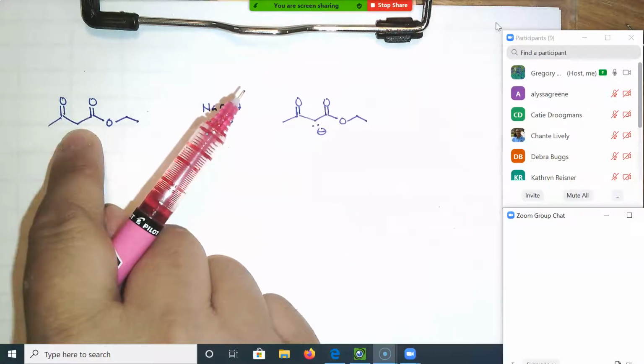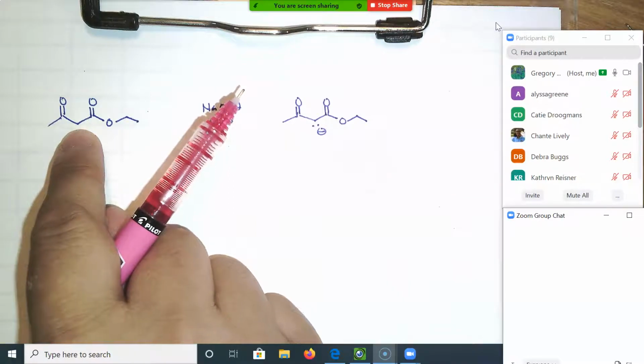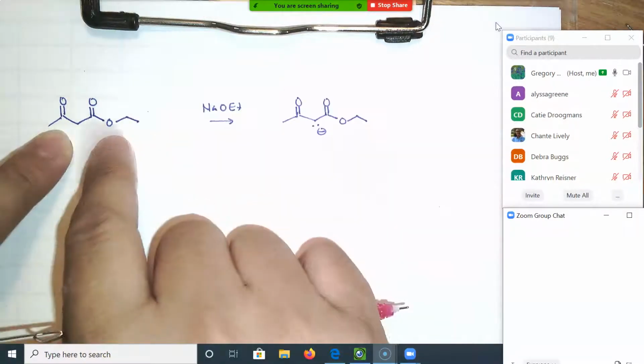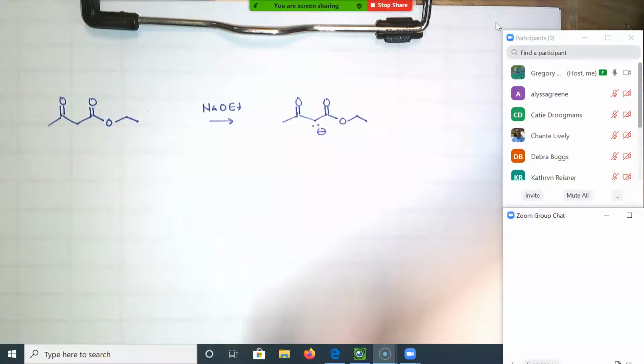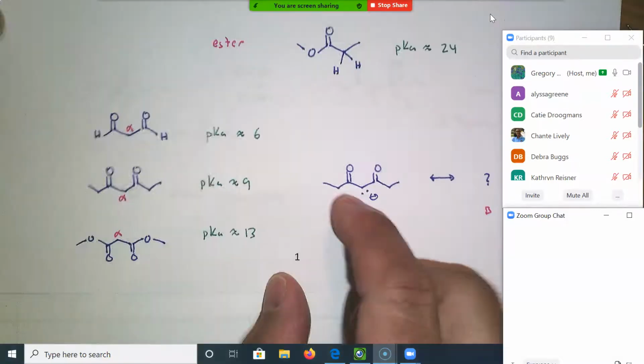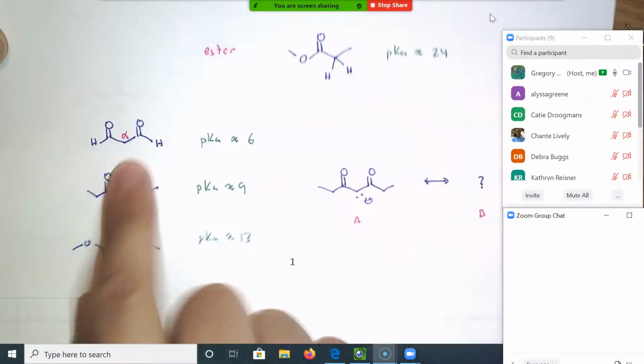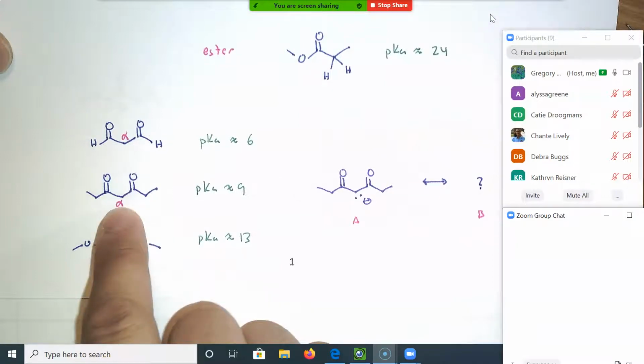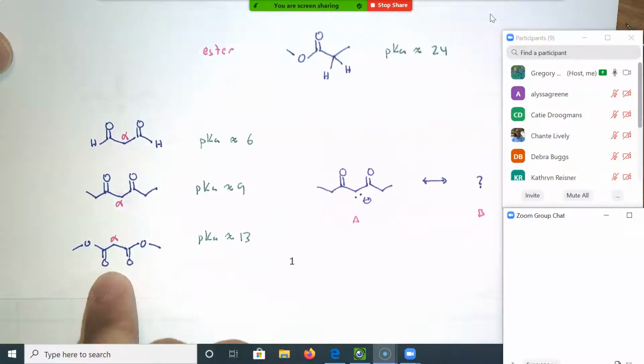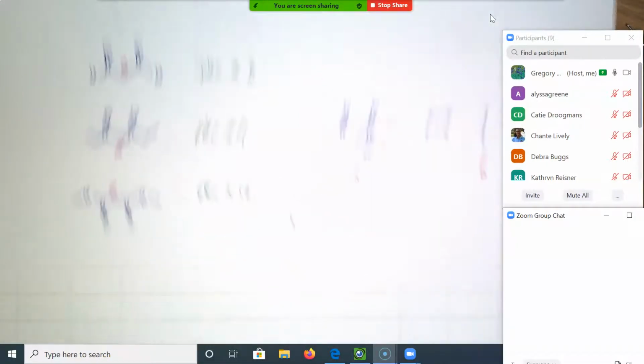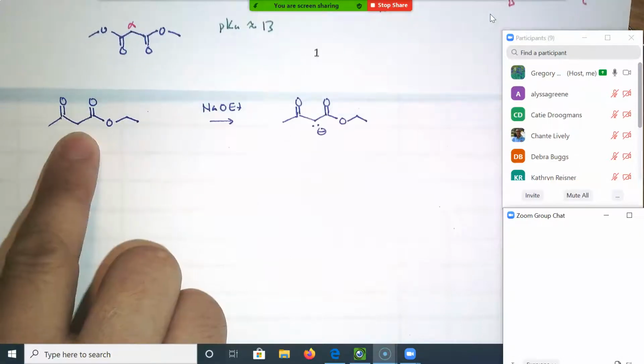I think the pKa is... I never gave you the pKa of a keto ester. But let me show you what I did give you. Oh, here it is. I gave you the pKa's of a dialdehyde, a diketone, and a diester. So we do have, in this case, an ester and a ketone.